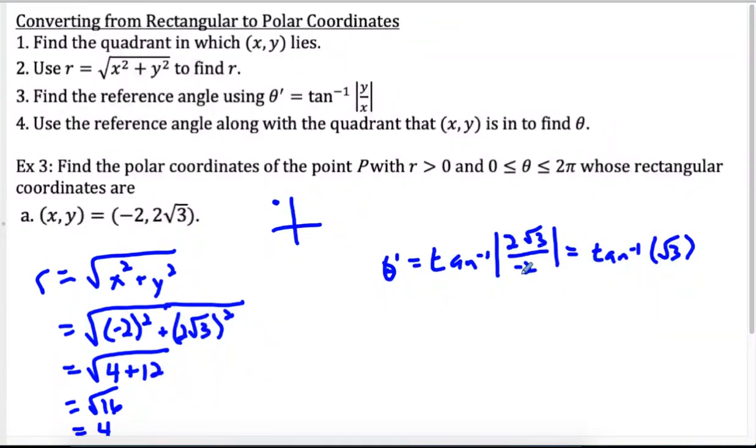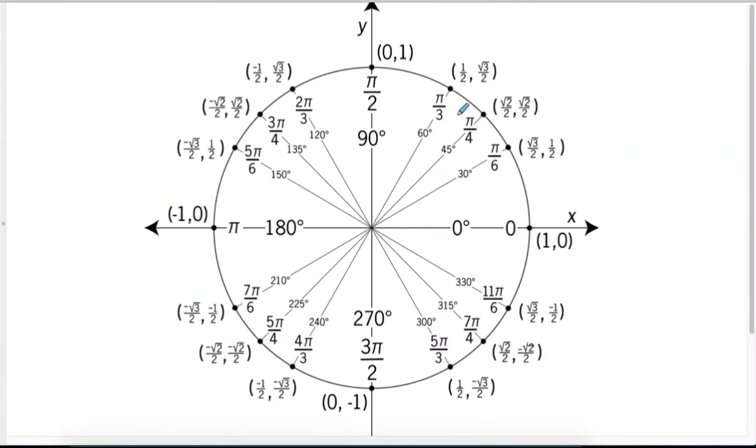So what we want to think about then is, where in the unit circle is the inverse tangent equal to the square root of 3? So tangent is y over x. If we think about y over x, square root of 3 over 2 over 1/2, that's actually going to be here, at pi over 3, or at 60 degrees.